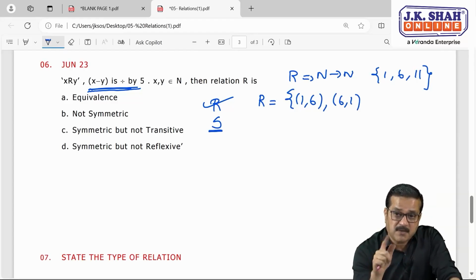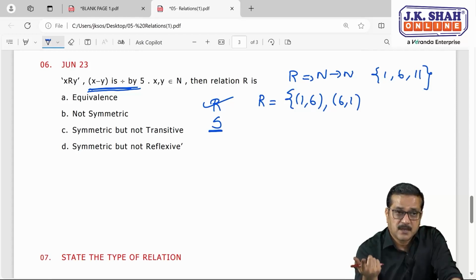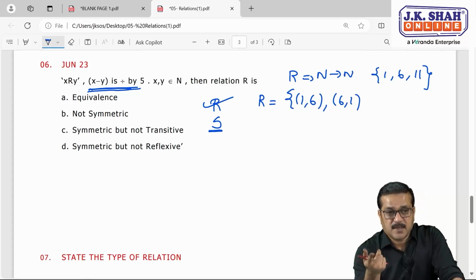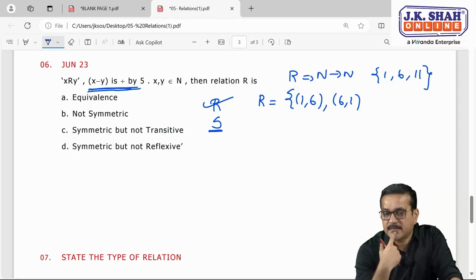Because if a minus b was divisible by 5, then b minus a also has to be divisible by 5. I see it this way: if a minus b was divisible by 5, that means the gap was a multiple of 5. So b minus a also, the gap will be a multiple of 5. And even otherwise, 6, 1 also satisfies that condition.